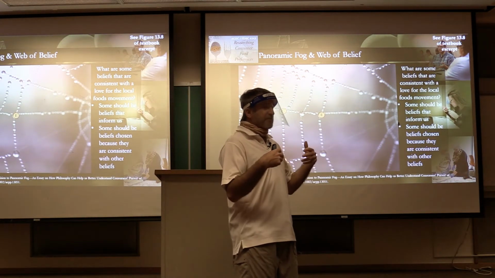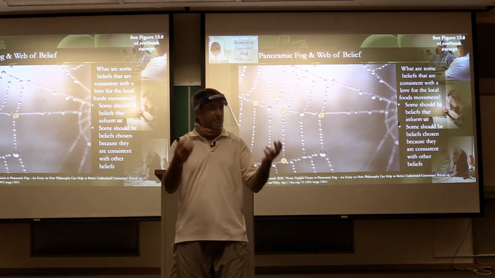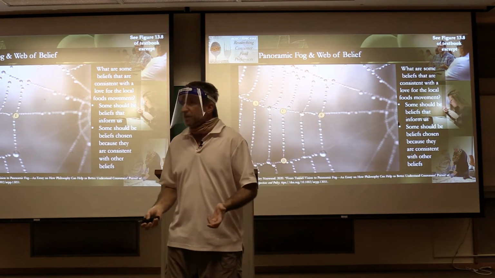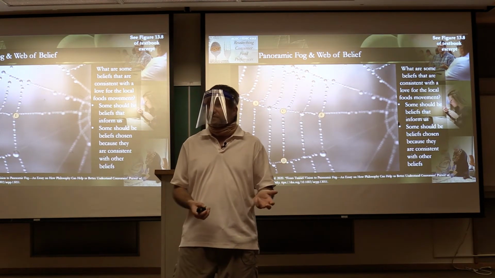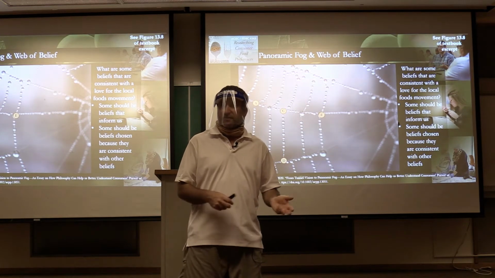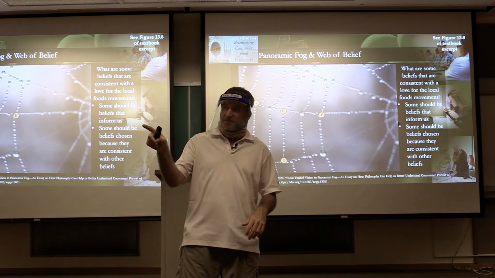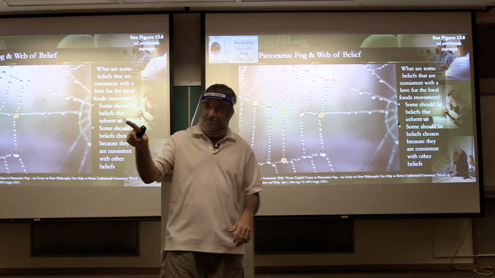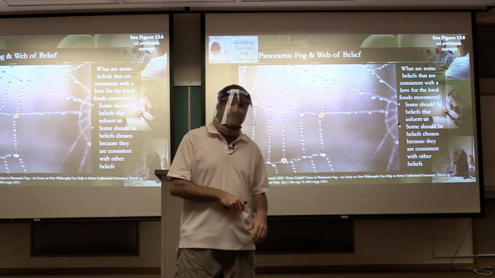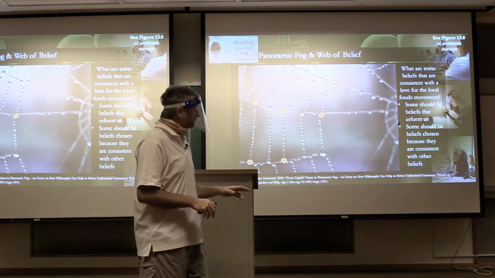We were talking about the panoramic fog, we were talking about tunnel vision, and what naughty word did we use? You can say it. Say it. Bullshit, all right? It was a technical thing.